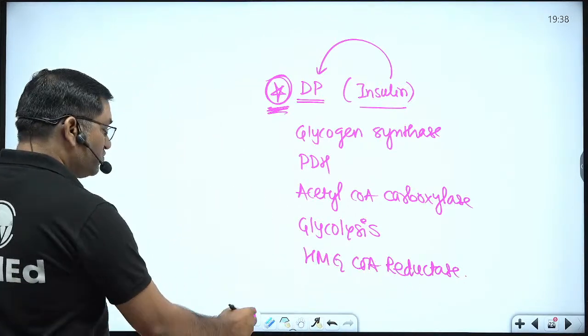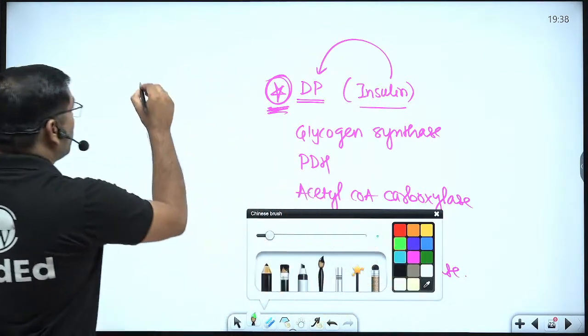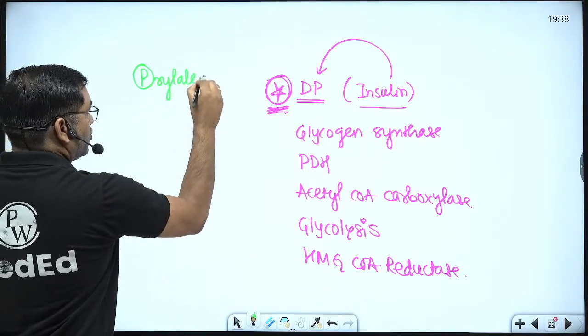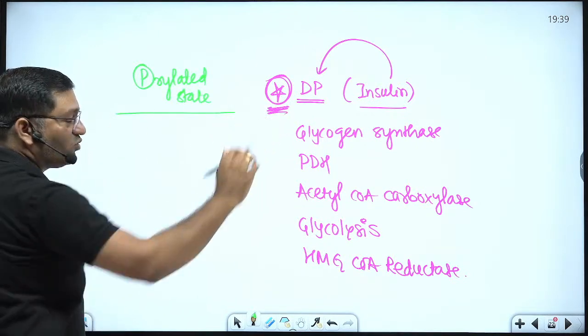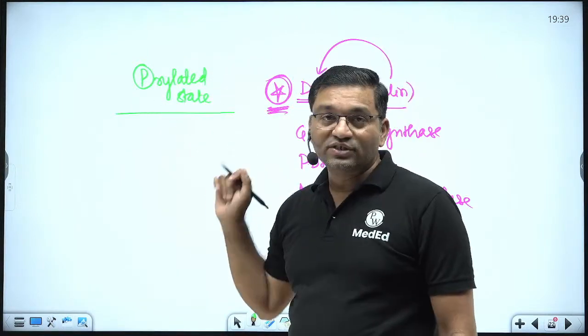Now the enzymes which are active in the phosphorylated state. So this is covalent modification, phosphorylation or dephosphorylation. This is covalent modification in the enzyme activity or regulation of enzyme activity.